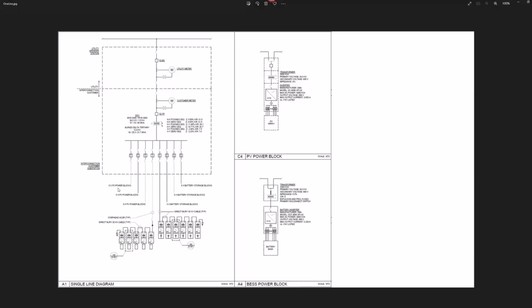So you have 6, 6, 6, and 5, which means that you have 23 PV panels and PV inverters to produce the PV portion. On the other hand, you have 1, 2, 3, 4, 5, 6, 5, 5, 5, which means that you have 21 battery energy storage inverters. So it's a hybrid power plant consisting of both the PV portion and the BESS portion.